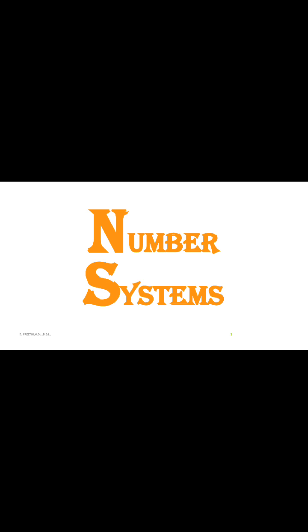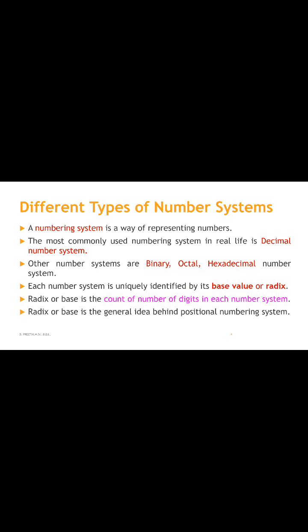First we can see the different types of number systems. Basically you would have known about the decimal number system, as even in mathematics you would have been learning about it. Other than this we have the binary number system, octal number system and hexadecimal number system.